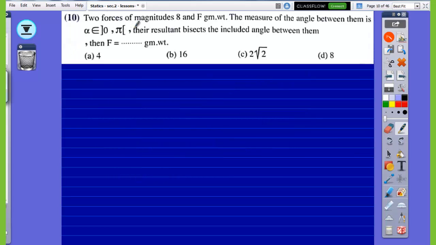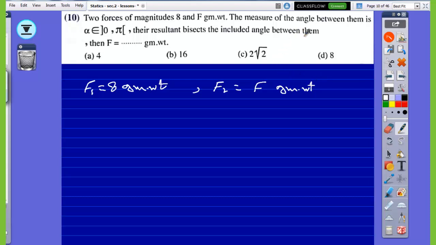Two forces of magnitudes 8 and F. So we have F1 equals 8 gram weight, and F2 equals F, it's the same unit, gram weight.